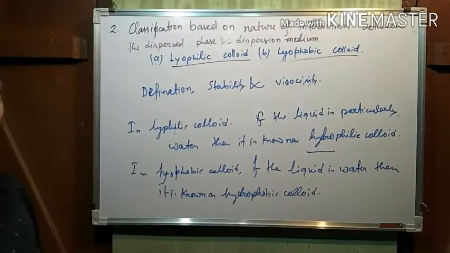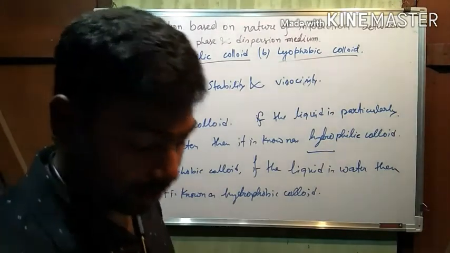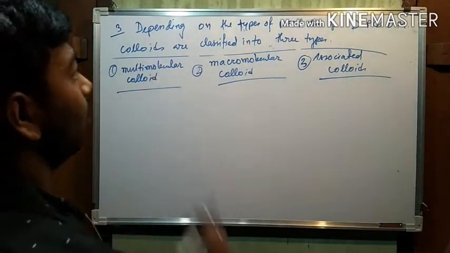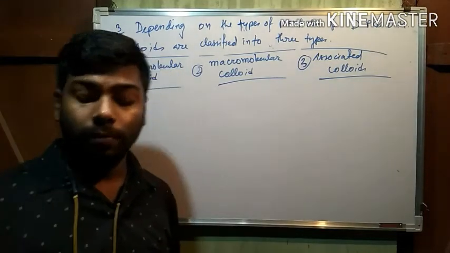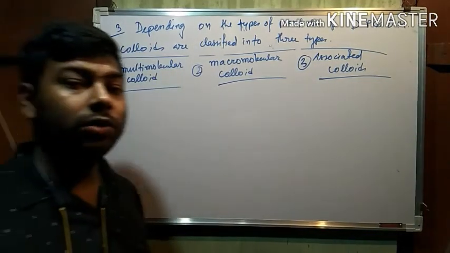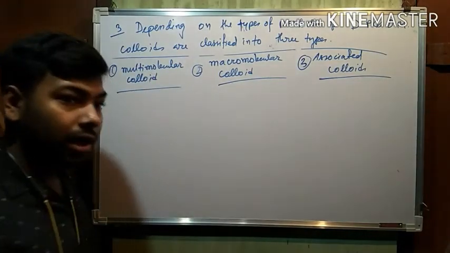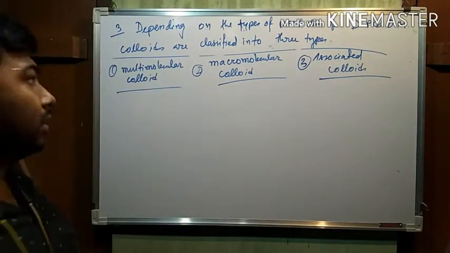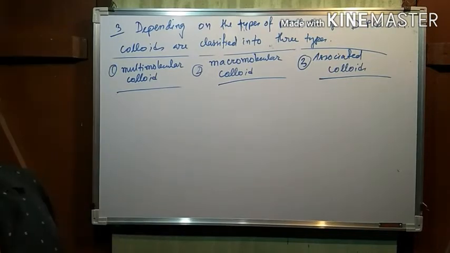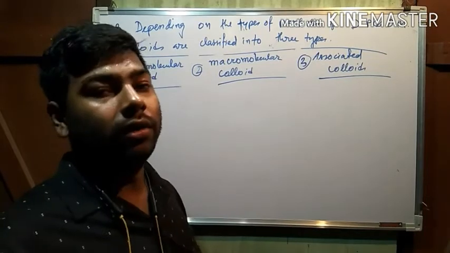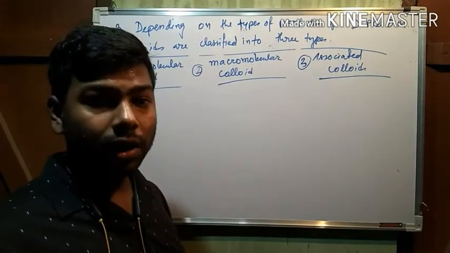The third classification of colloids depends on the types of particles of the dispersed phase and dispersion medium, and it is of three types. First type is the multi-molecular colloid, that means more than one molecule.